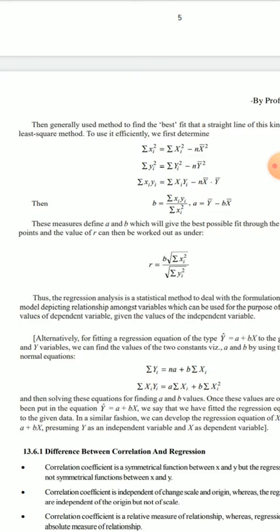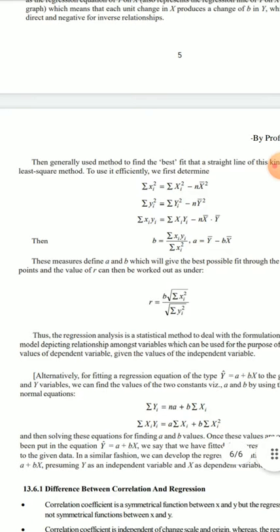Alternatively, for fitting a regression equation of the type y mod is equal to a plus bx to given x and y variables, we can find out the values of two constants a and b by using the following two normal equations. Summation of sigma yi is equal to na plus b multiplied by summation of sigma xi.